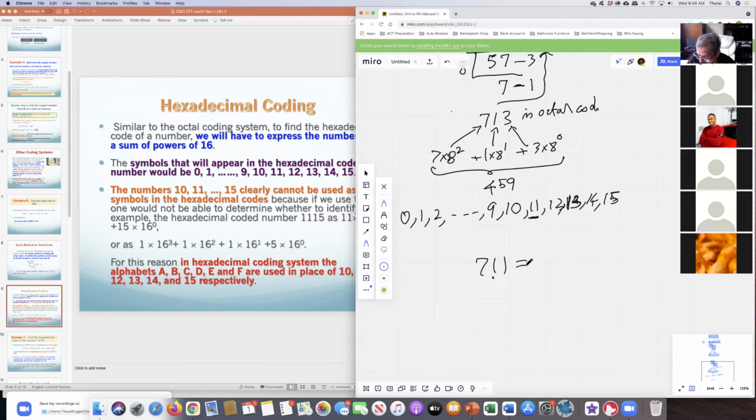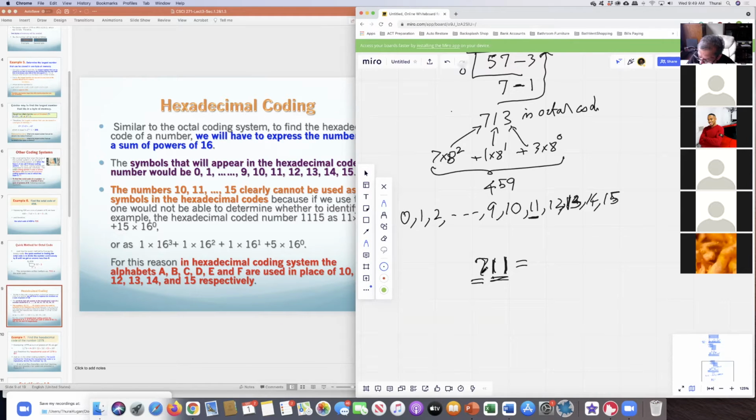You meant to say 11 is the last digit and the previous digit is 7, but anybody reading it can read it as 711. So 1 is the digit for the 8 to the 0, the other one is 8 to the 1, and 7 is 8 to the 2. Somebody can interpret it that way. So you cannot use 2 digits in place of a single digit. So you cannot use 10, 11, all those.